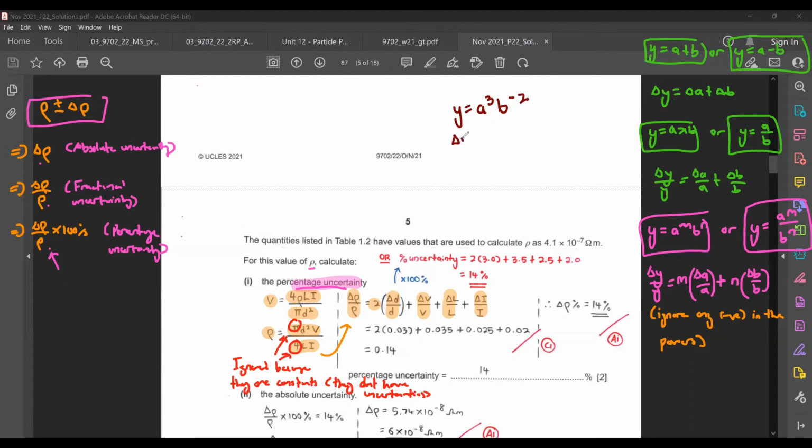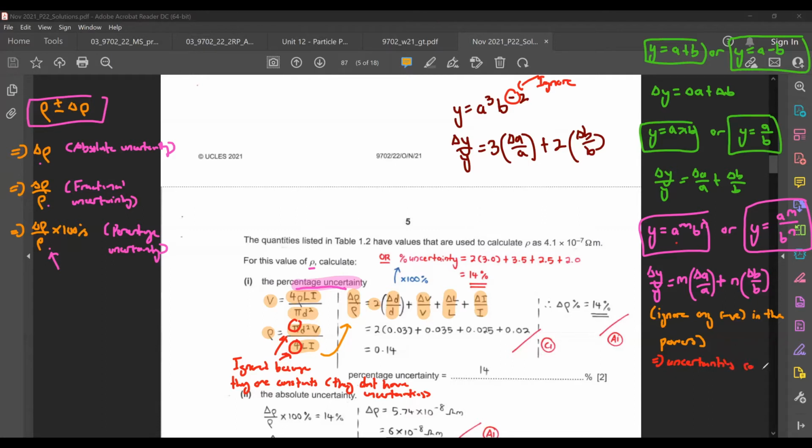In our case, this one will just be fractional uncertainty of y, 3 times fractional uncertainty of a, plus 2 times fractional uncertainty of b. The negative sign here will just be ignored. Okay. Although we look at this general equation, it seems that we are bringing down the power. But when it comes to bringing down the power, if your power has a negative, you have to ignore it.